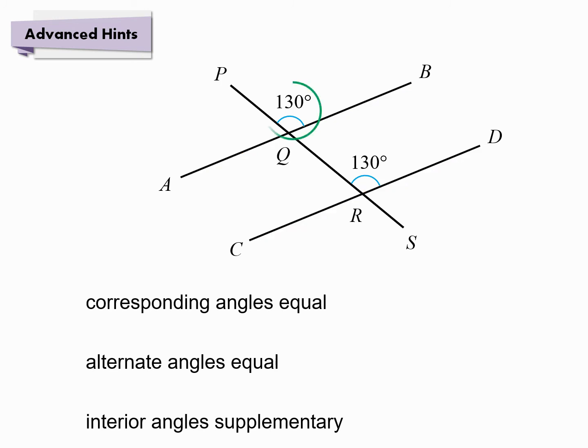First, circle the two given angles with 130 degrees. Then, we use a red pen to highlight the three lines which are related to this pair of angles.